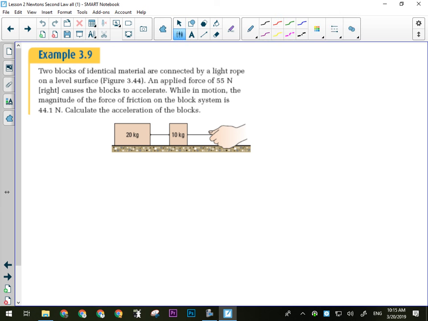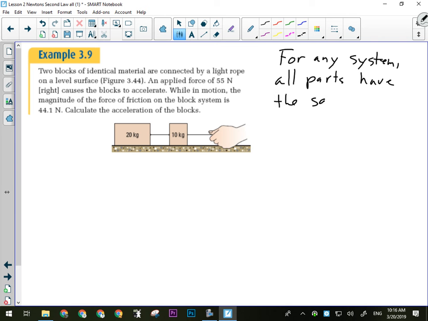That's probably something you'll want to make a note of in your notes: for any system, all parts have the same magnitude of acceleration.